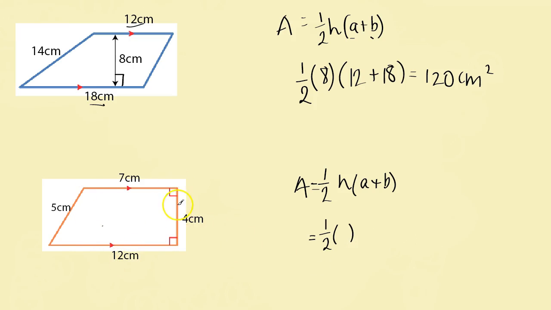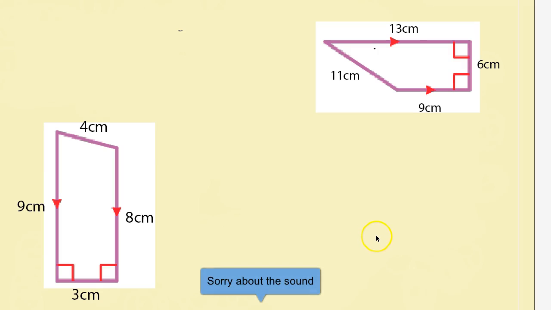This measurement is at a right angle, so that's the height, and the two parallel sides are 7 and 12. So that gives us 38 centimeters squared. Do use a calculator because there's only calculator papers left. Alright, so I'm about to give you 2 more problems. So here they are. Pause your video again and have a go.